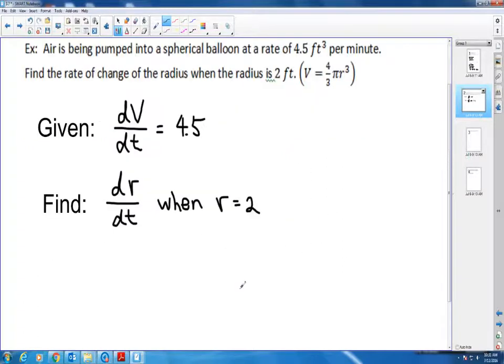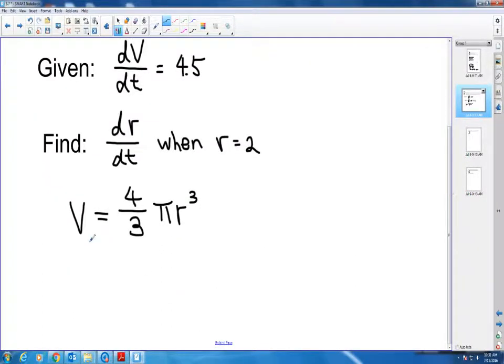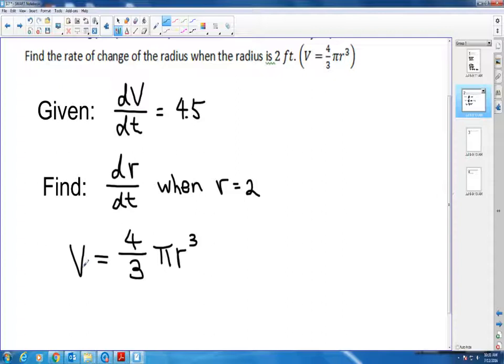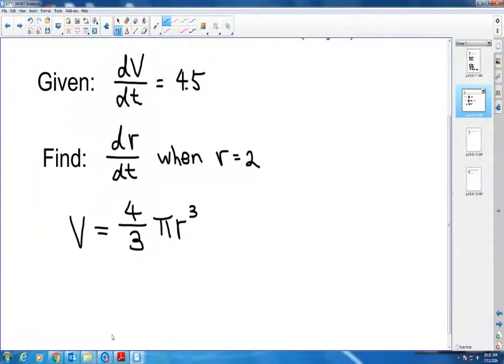Alright, so let's use our formula here. The volume is equal to 4/3 pi r cubed. I'm going to take a derivative. To find the rate of change, I have to find the derivative with respect to time.